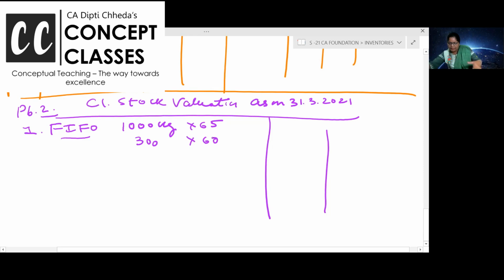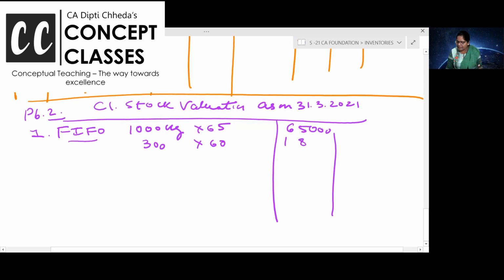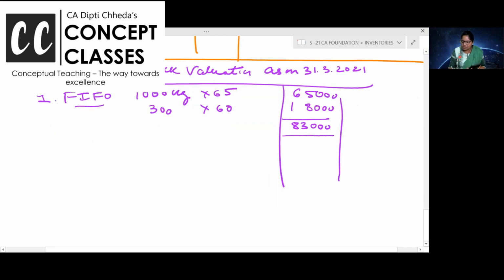Calculate, how much is it coming for you? 1000 into 65, 65,000, and 300 into 60, that is 18,000. So it is 83,000. By the first in, first out method, the stock is 83,000.